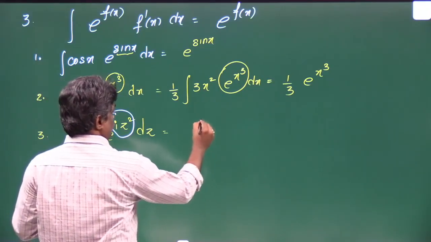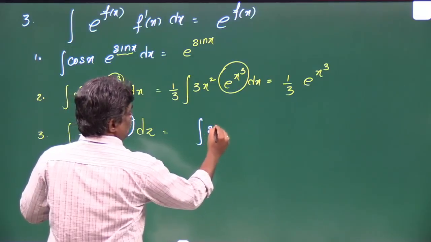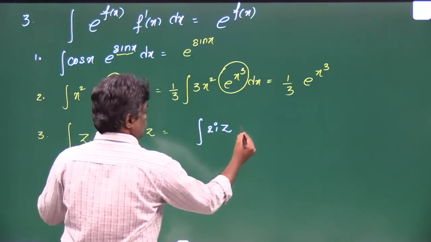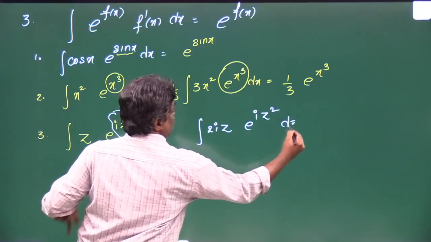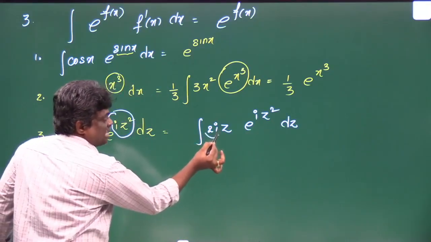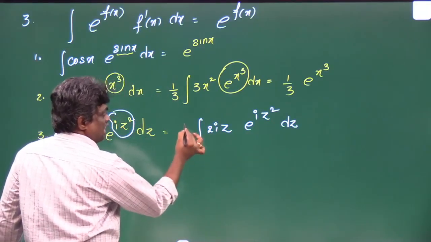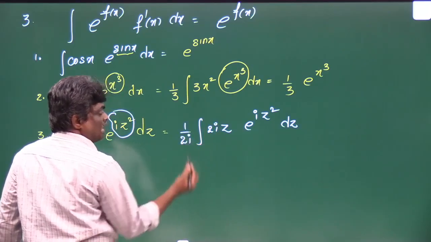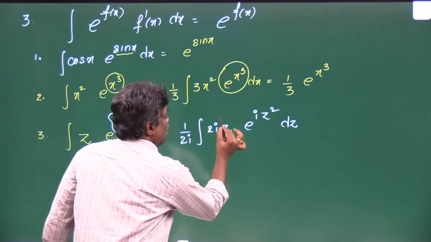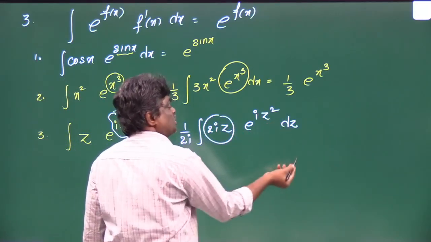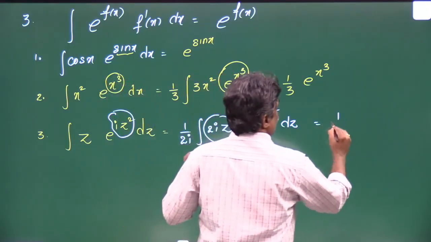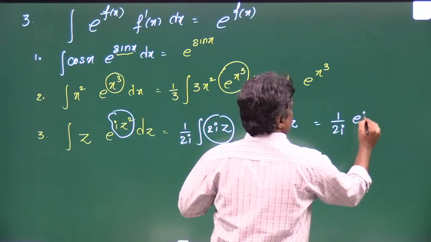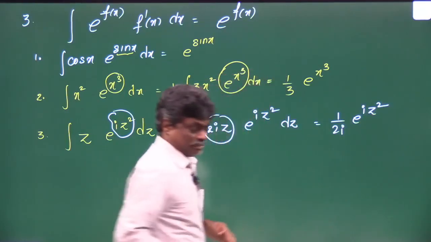I am multiplying with 2 iota z as usual, e raised to iota z square dz. I have written this as an extra, so just pay the compensation, 1 by 2i, and this is nothing but f dash of x into e raised to f of x, which is nothing but e raised to f of x. So 1 over 2i e raised to iota z square.